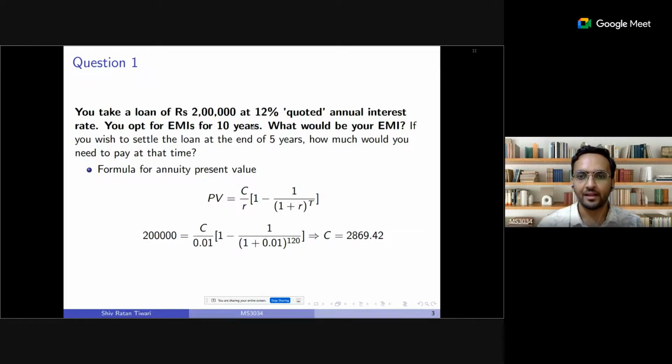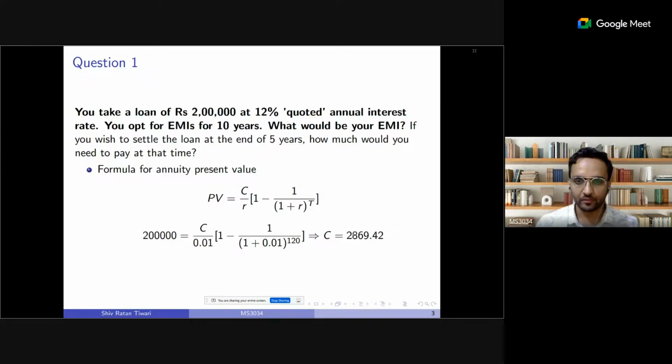Because these are monthly payments, the monthly interest rate will be used. So the monthly interest rate would be 1%, and there will be 120 periods, so T is equal to 120. If we put in all the values, we can compute the EMI value, and that comes out to be 2,869 rupees.